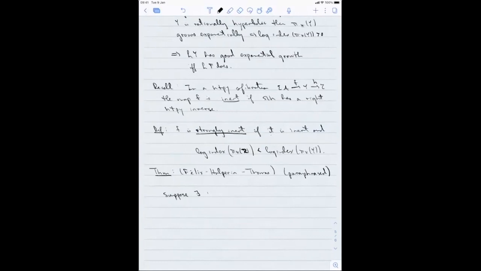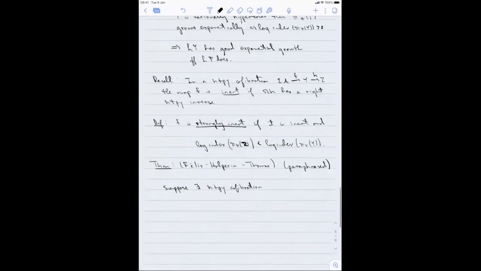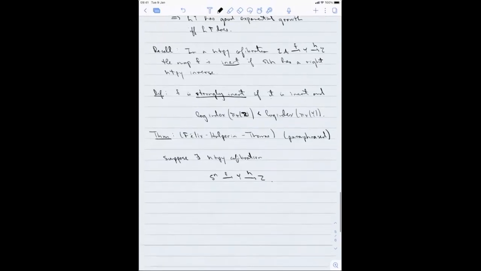They said, suppose you have a homotopy cofibration that looks like the attaching map of a cell, so you have an Sn mapping to some space Y, mapping to Z, and F is strongly inert.